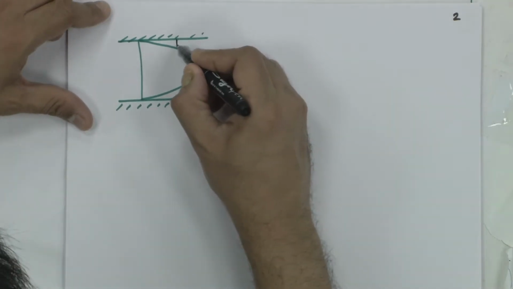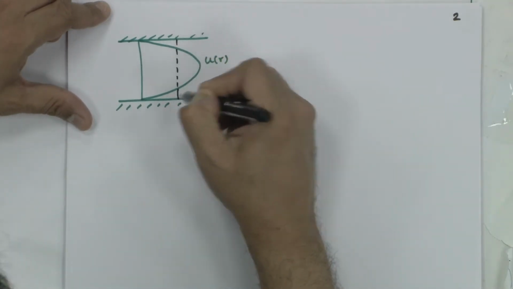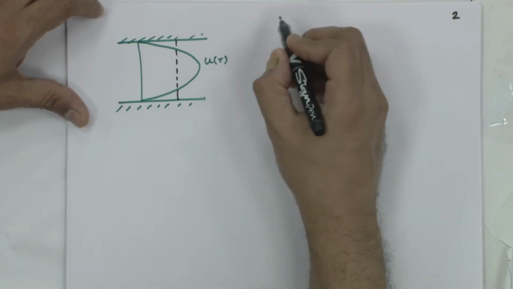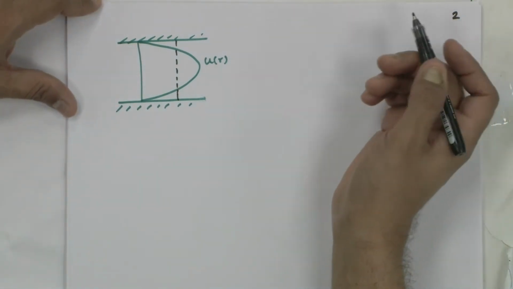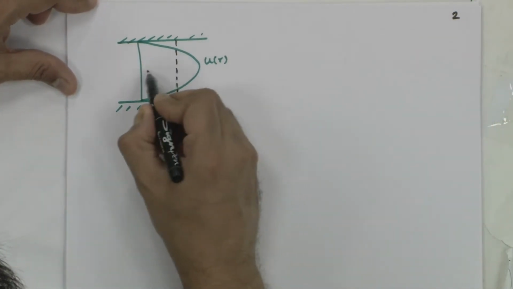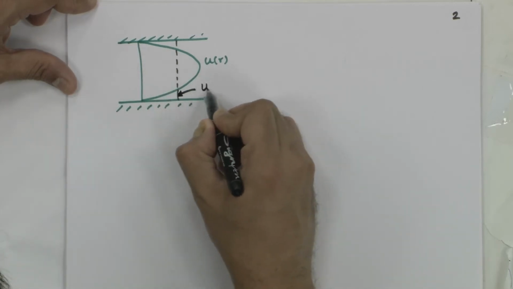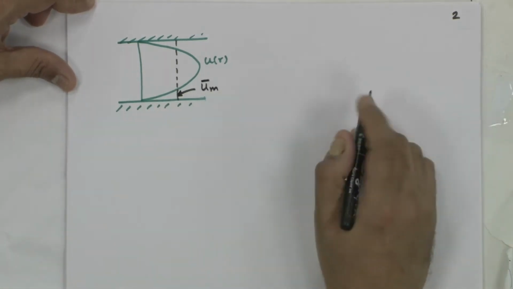So, what is done? Concept of average velocity. Water flows through a pipe with a velocity of 2 meters per second. The 2 meters per second is this quantity which is the average or mean velocity.